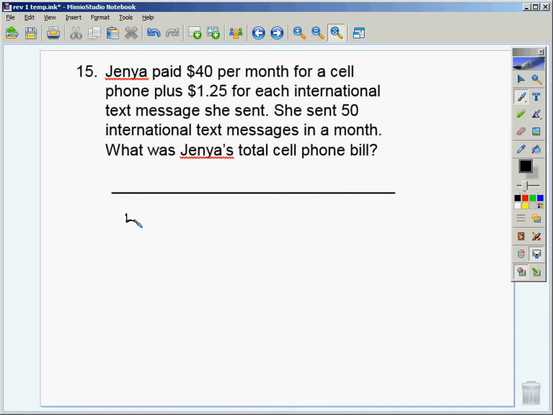Jenya paid $40 a month for a cell phone, plus $1.25 for each international text message. They want to know what her bill is if she sent 50, so they're going to replace X with 50.